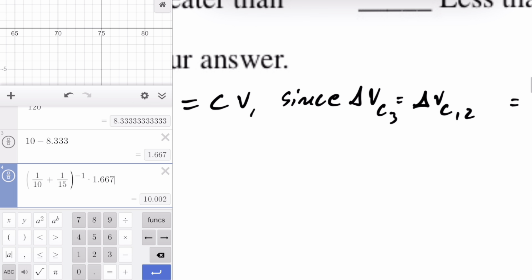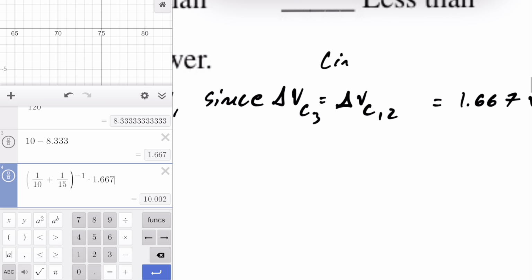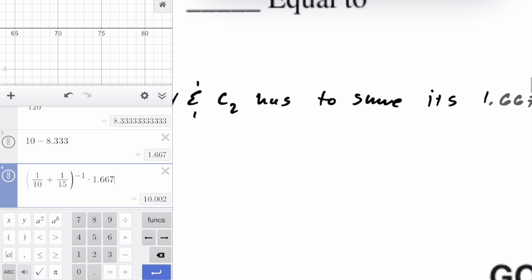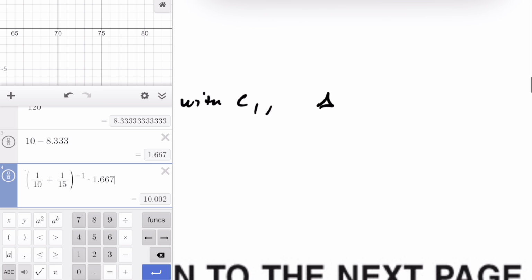So since the voltage across C3 has to equal the voltage across C2 because they're in parallel, right? And C2 has to share its 1.66 volts with C1, delta VC2 has to be less than delta VC3.